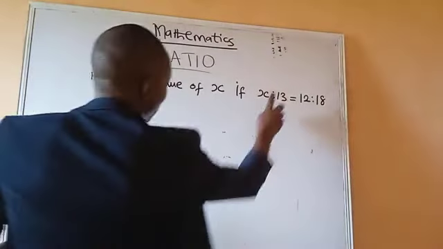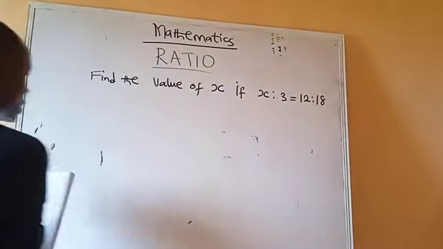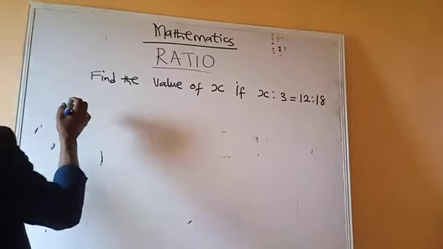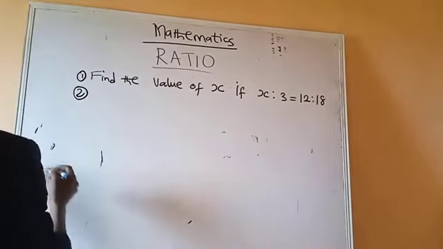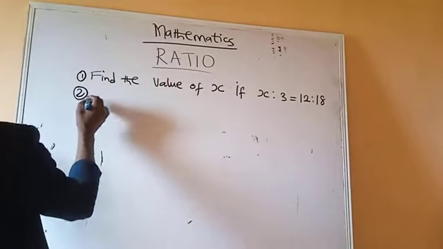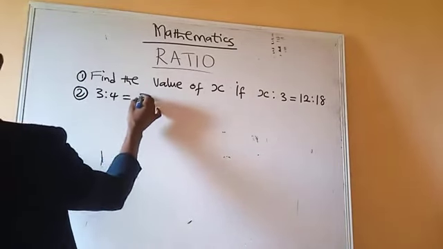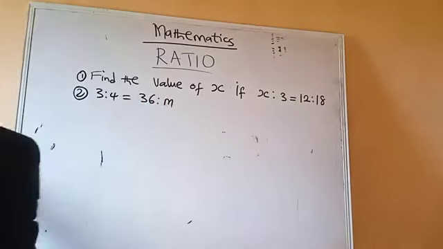Okay, this is 3, not 13, sorry. This is 3. X is to 3 equal to 12 is to 18. That's question 1. Then question 2, we have 3 is to 4 is equal to 36 is to m.